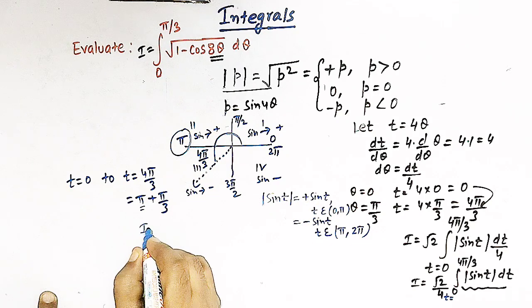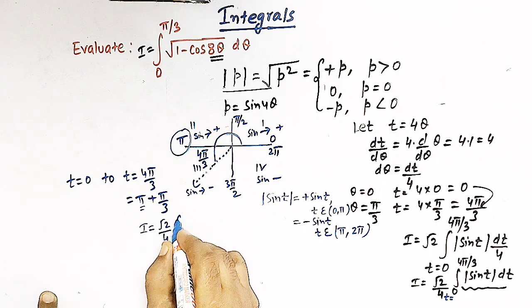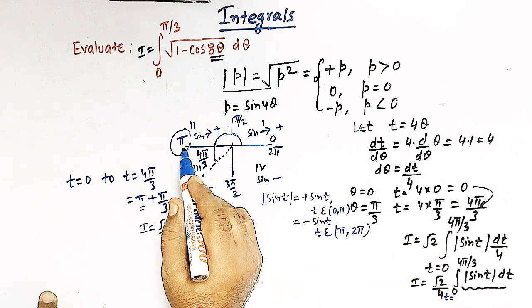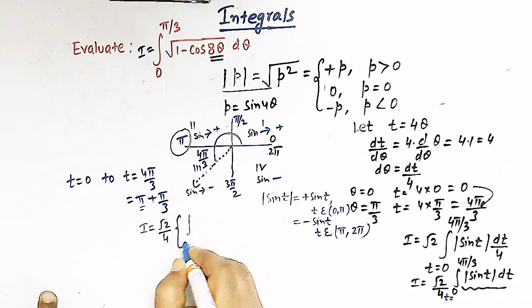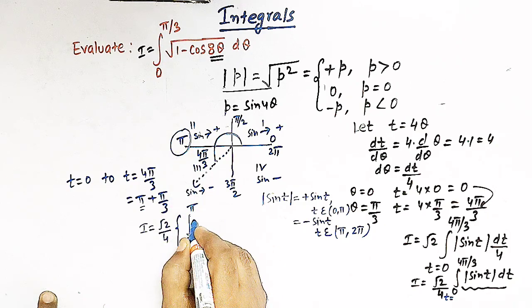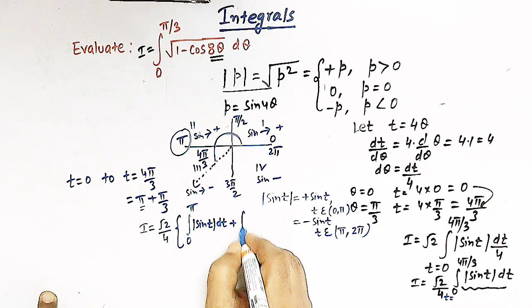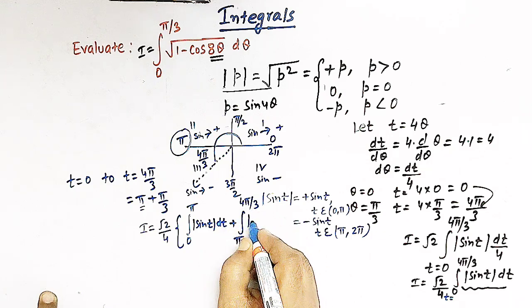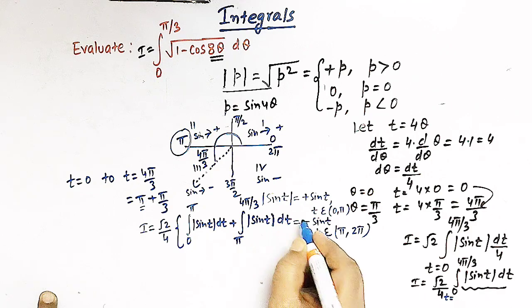So now we can write this integral as square root of 2 over 4, and now we can express this integral as a sum of two integrals, right? And we'll split the limit at this point, that is pi. So we'll write 0 to pi, then we have mod of sine t dt, and here we have pi to 4 pi by 3, and here we have mod of sine t dt, right?